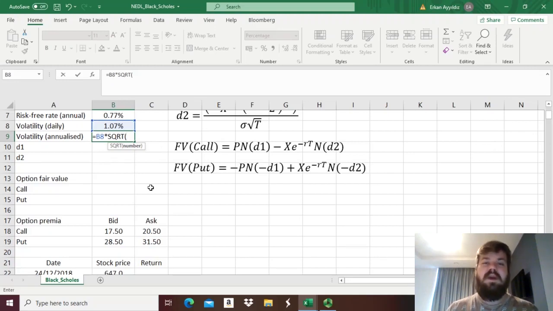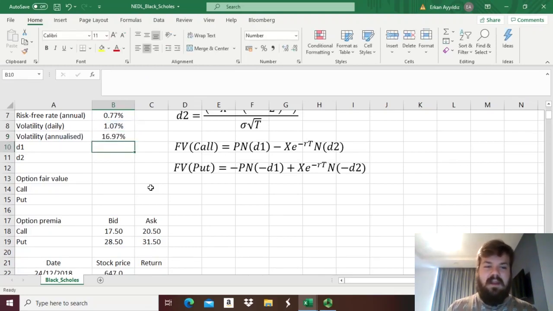And we all well know by that point in time that there are on average 252 trading days within a year. So when we multiply it by the square root of 252, well, because variance of independent events scales linearly, so standard deviation scales with the square root, we can just multiply by the square root of the number of trading days. And it will give us roughly 17% annualized volatility.